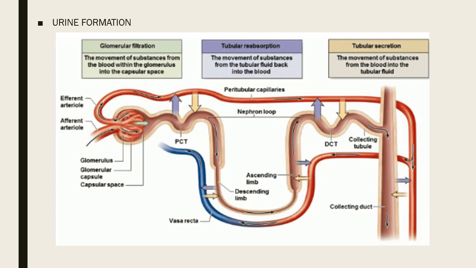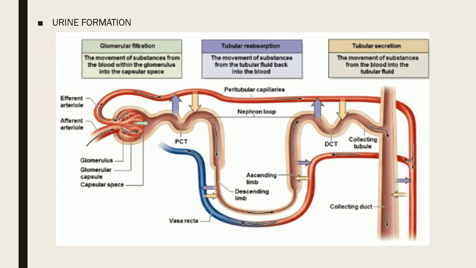If reabsorption is taking in the essential substances, then secretion is removing those that are not important, the non-essential ones. This involves the transfer of hydrogen, creatinine, drugs, and urea.